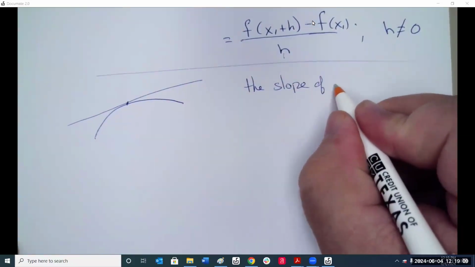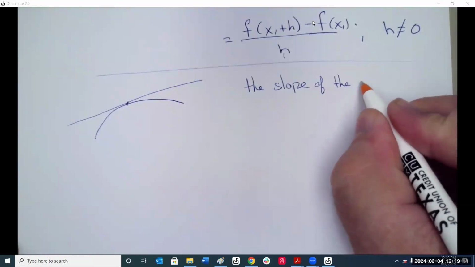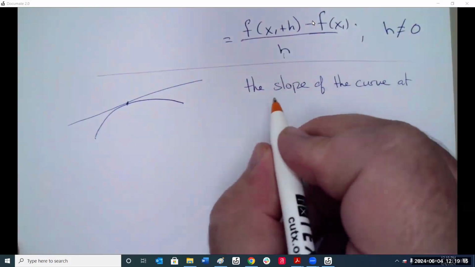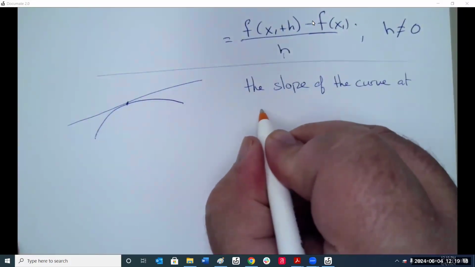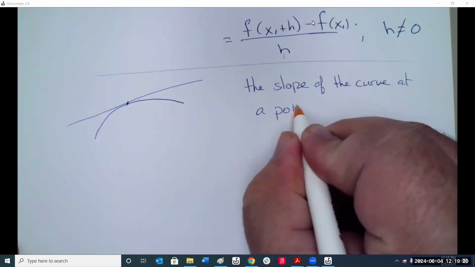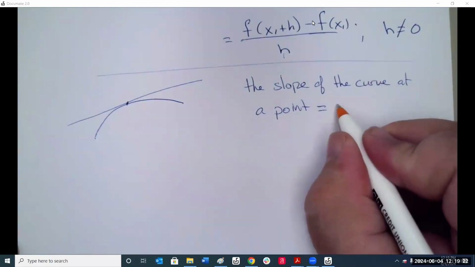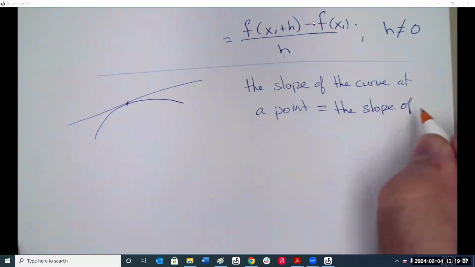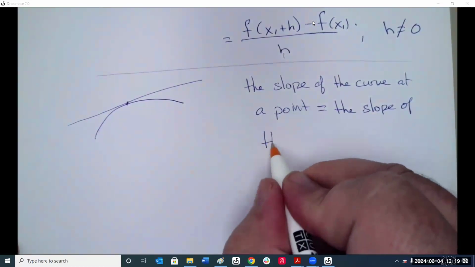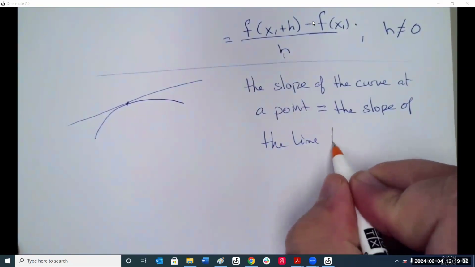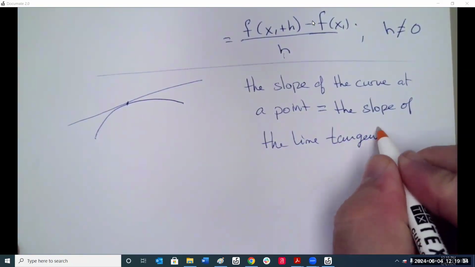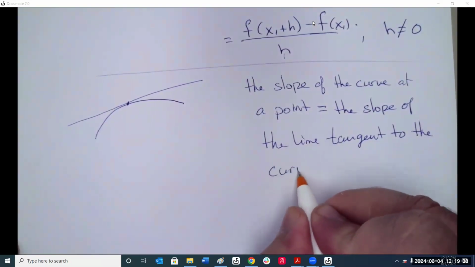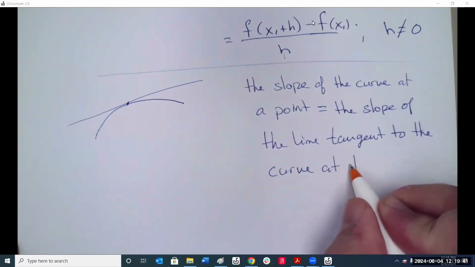The slope of the curve at a point is equal to the slope of the line tangent to the curve at that point.